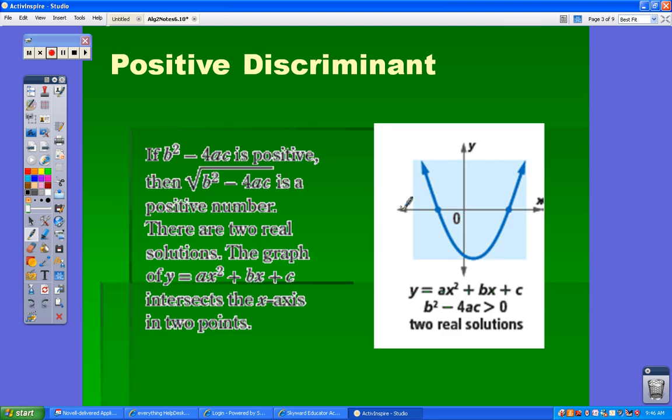This is what I would jot down in my notes, and I really think the picture is going to be enough. This is case 1. If b squared minus 4ac is positive, when I take the square root of that, I'm going to get a positive number.